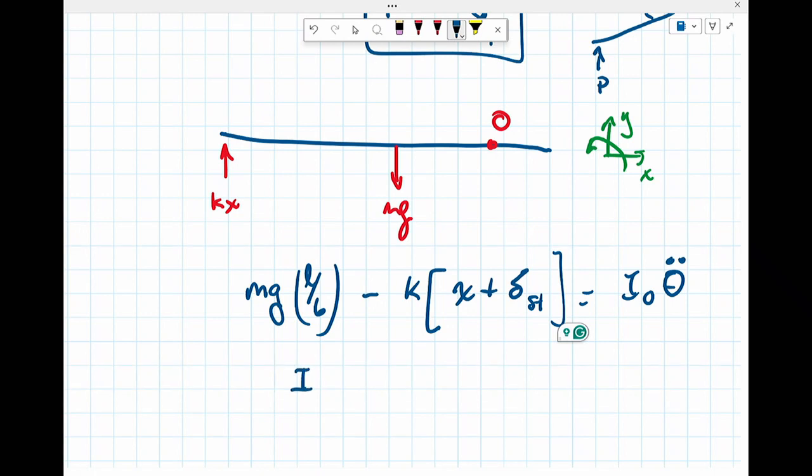So the end result is that I can get rid of those two terms from my expression because those are static equilibrium. I just solved in the previous part that under static equilibrium those terms don't play a role, and so the only thing vibrating is kx and theta double dot, which is not quite what I want here.